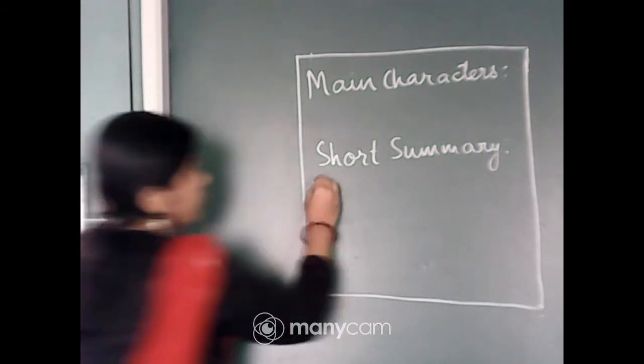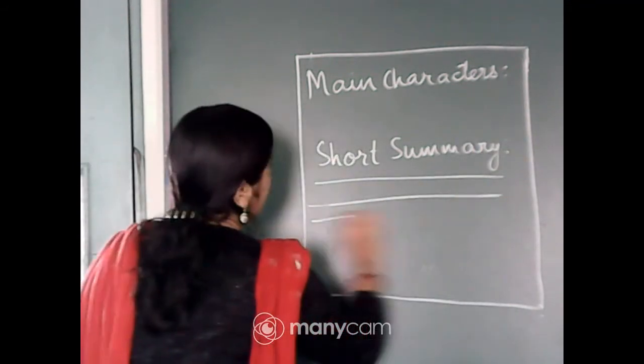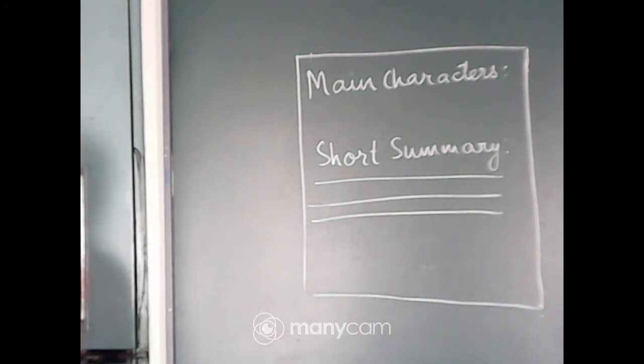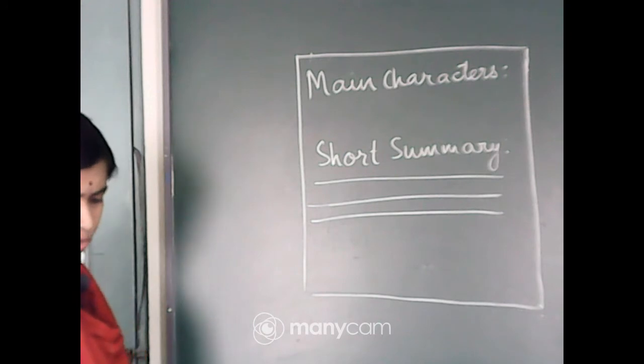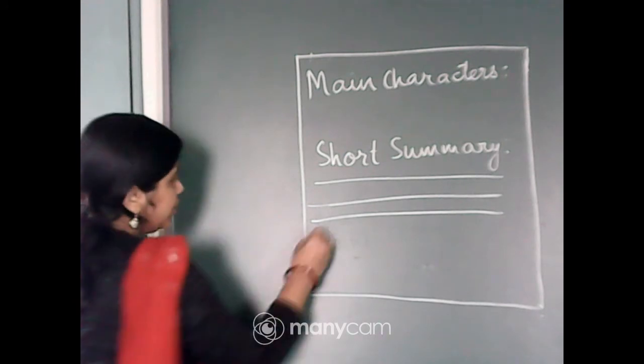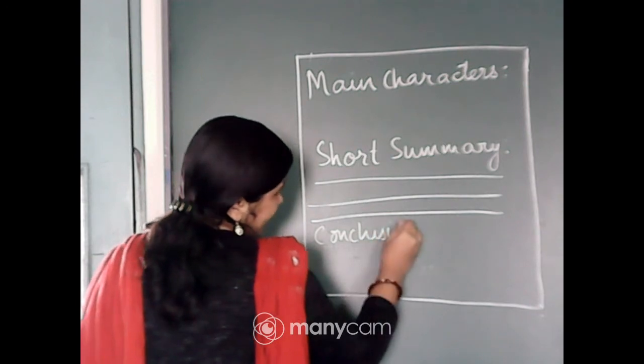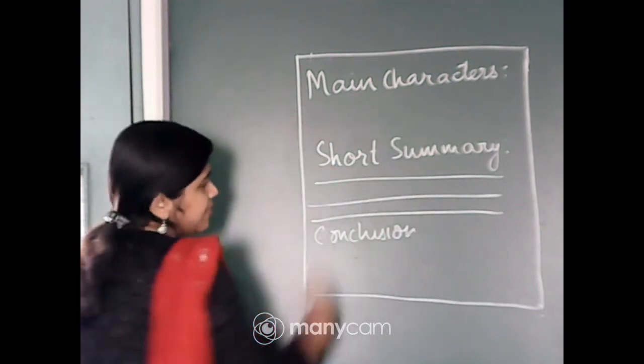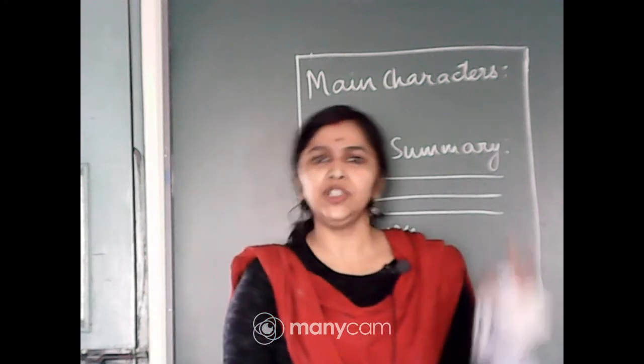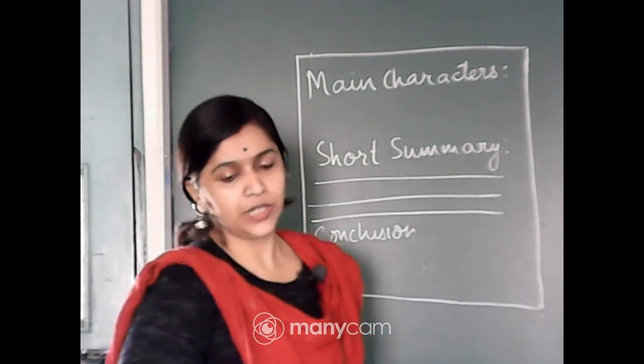Okay. No word limit is there, but don't make it a large one. And then come to the conclusion. Maybe one more page will be required for this part. If you can make it within this page also, I have no problem for that. Okay.